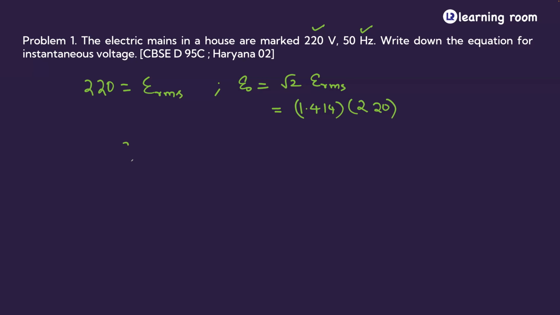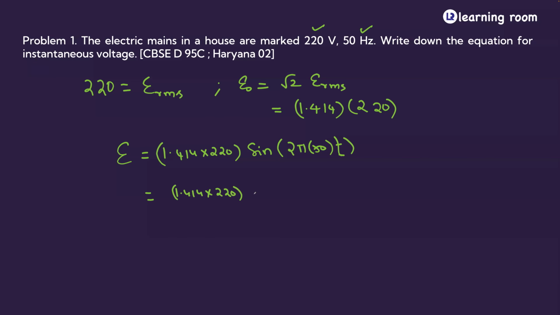Then you write E is equal to 1.414 into 220, multiplied with sine of 2 pi into 50 into t. So it will be 1.414 into 220, that value I'm leaving to you for multiplication, sine of 100 pi t. So this is the value of the instantaneous EMF. Clear?